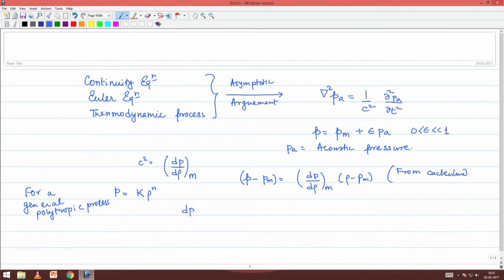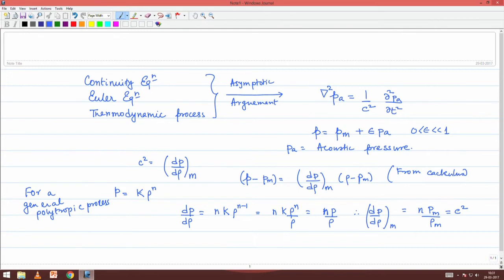If we take the derivative of this equation, we get n K rho to the power n minus 1, which could also be written as n K rho to the power n divided by rho. Since we know K rho to the power n is P, we could write this as n P by rho. Therefore, dP d rho evaluated at the mean conditions would read as n P_m by rho_m. So, this is basically what we abbreviated as C square.